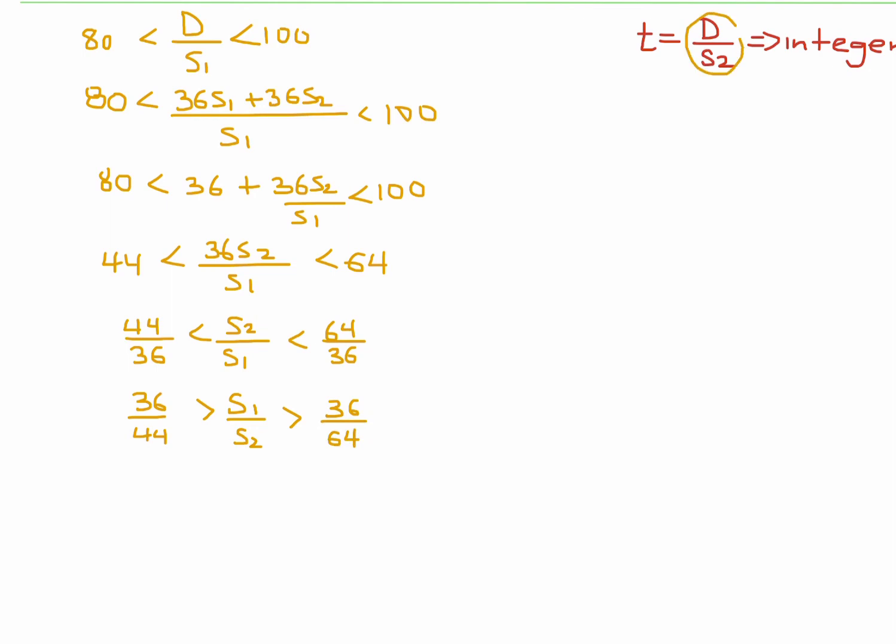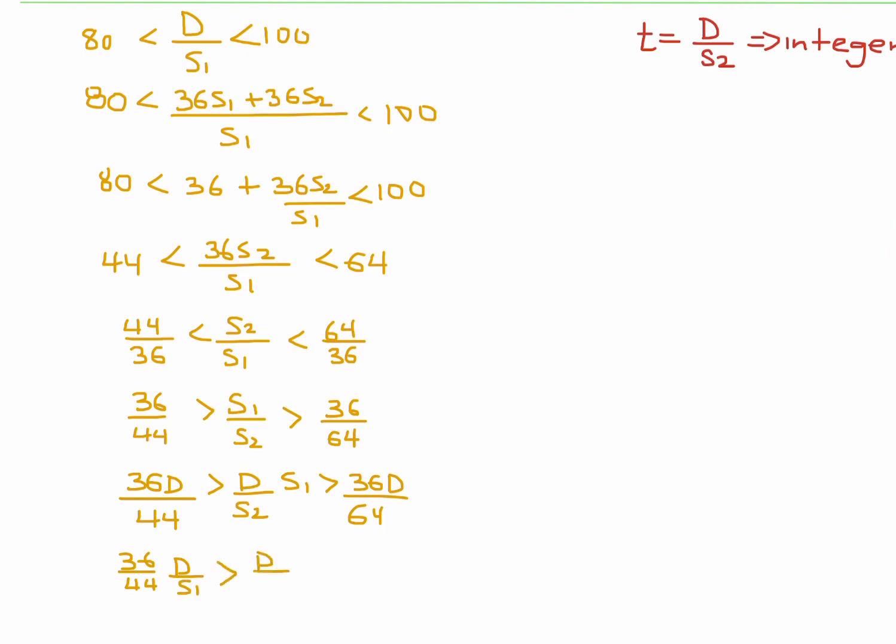Now my goal is to make it look like t. I can do that by multiplying through by d, so this becomes 36 d over S2 times S1, with 36d over 64 and over 44. And the last step is to divide through by S1. So this will become 36 over 44, d over S1.